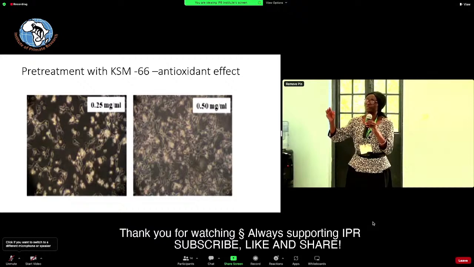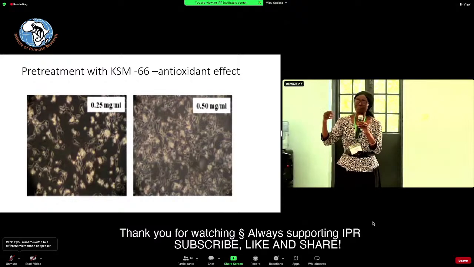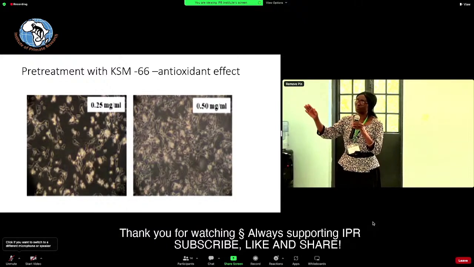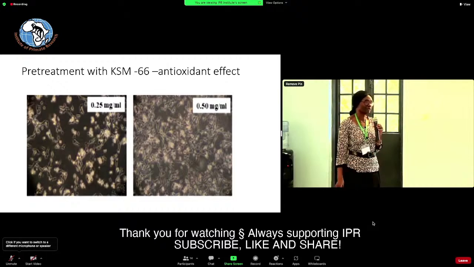If you compare this with the previous, you can see that the impact on the cells is much lighter, and there is an improvement in the pathology, in the morphology, with increased concentrations.